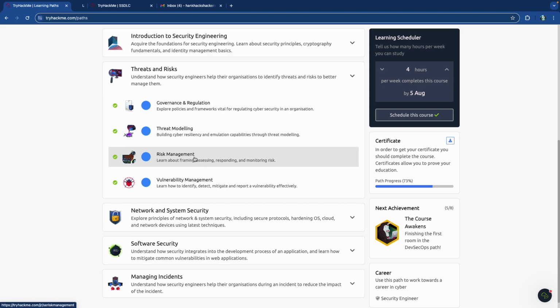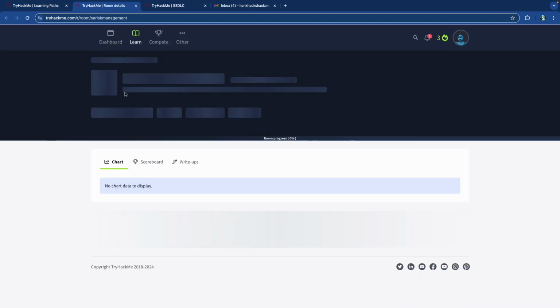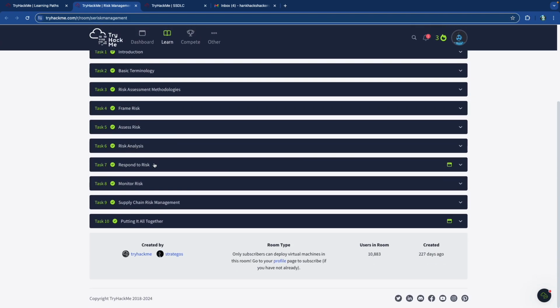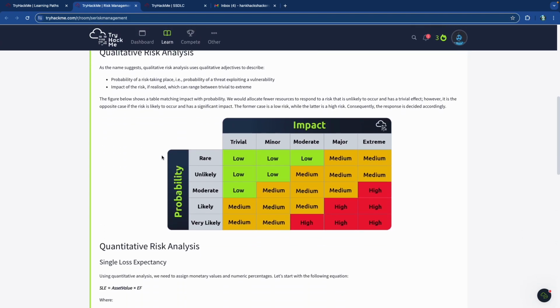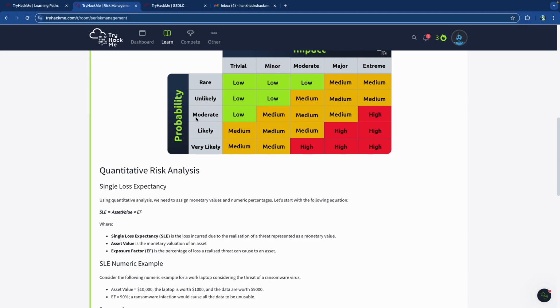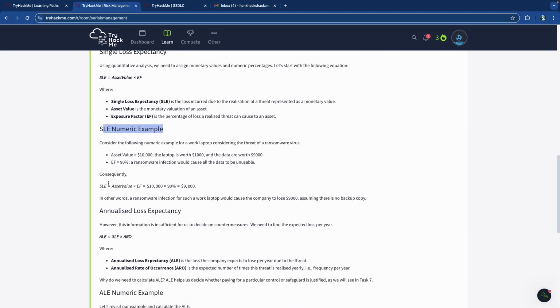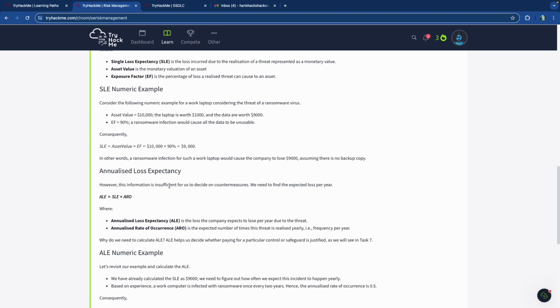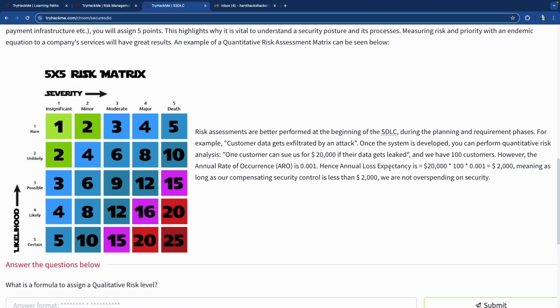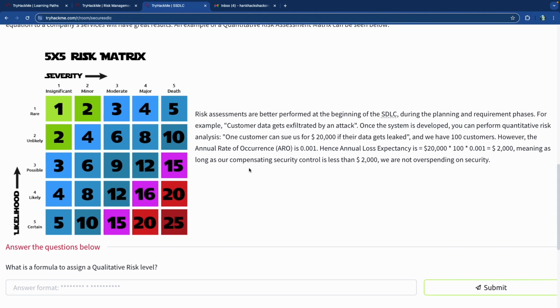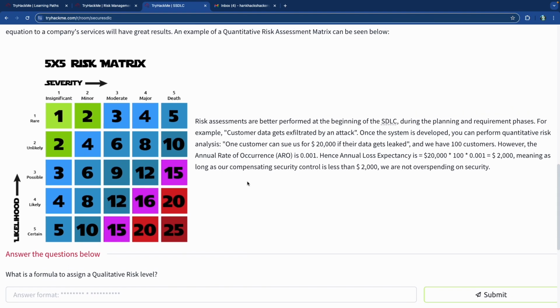So if you can go find that risk management video on the channel, you'll see that we do the risk analysis, very similar to what we just looked at, and then it gives us a formula for single loss expectancy, with a numeric example of how to calculate something like this. So we go pretty deep into this formula that we just used to get this value, so that you can understand how much something will hurt if it hits the company, and then how to calculate whether or not it's worth it to fix that thing.